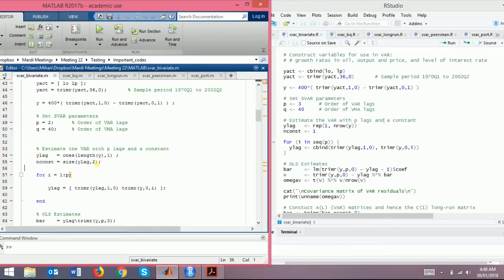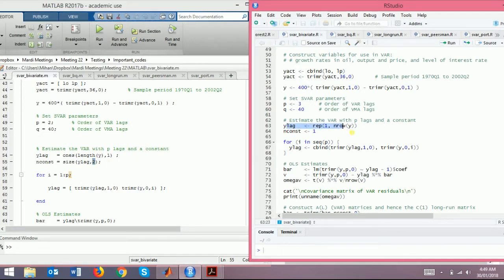The second dimension is number of columns, right? So whatever number of columns ylag has, that will be the number of constants. If there are two variables, then ylag will have two columns and there will be two constants, so that automatically sets the constant.